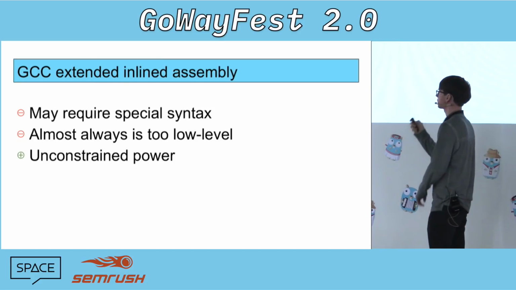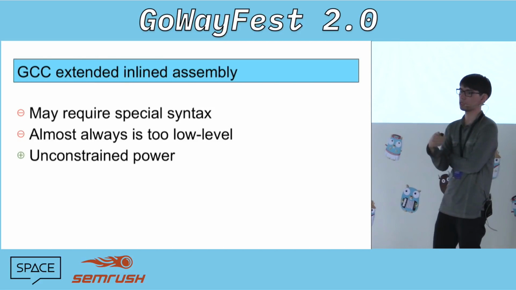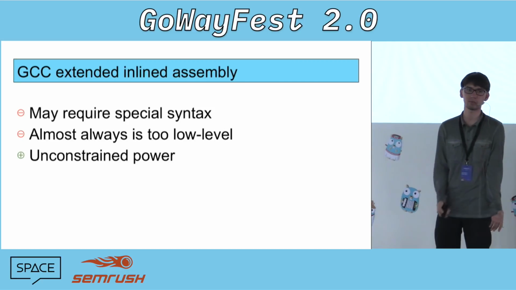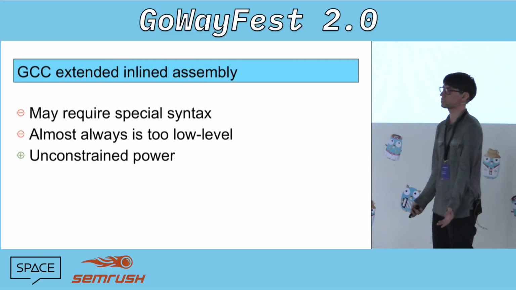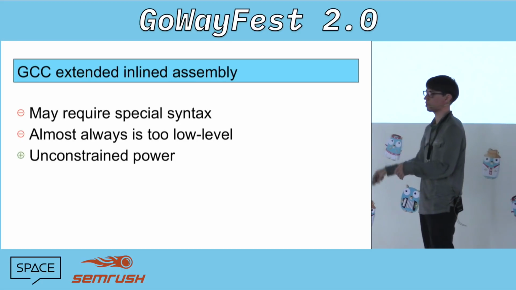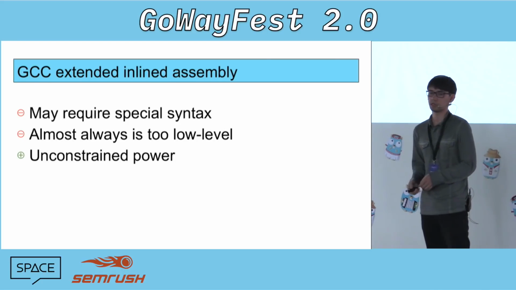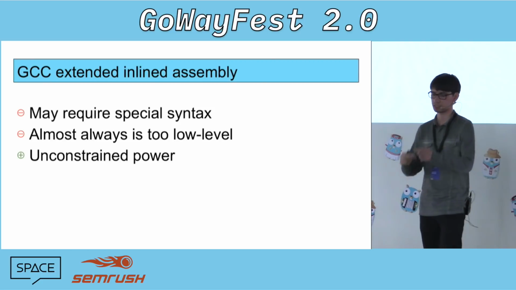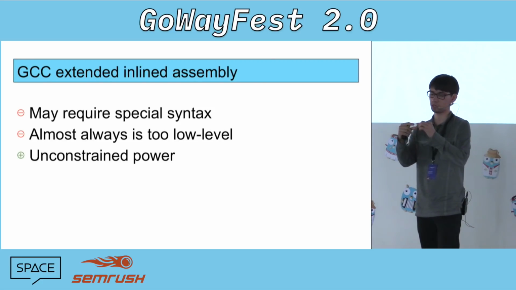And here are some slides that describe alternative ways to implement intrinsics or inline assembly. All those methods are like you're writing Go code or C code, if we're talking about C intrinsics, but in places where you want to use machine instructions, you specify this special function. Or in the case of inline assembly, you're writing a small piece of assembly code that is connected with Go or C code.